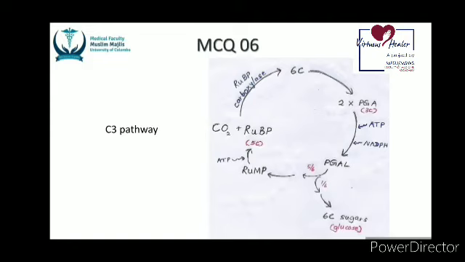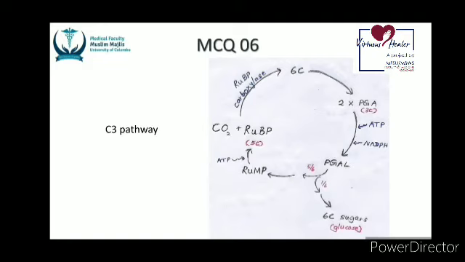And RuBP, after accepting carbon dioxide, will be converted into a 6-carbon compound by the enzyme RuBP carboxylase. And this 6-carbon compound is highly unstable and it will immediately break down into 2 molecules of a 3-carbon compound called PGA, or phosphoglyceric acid.